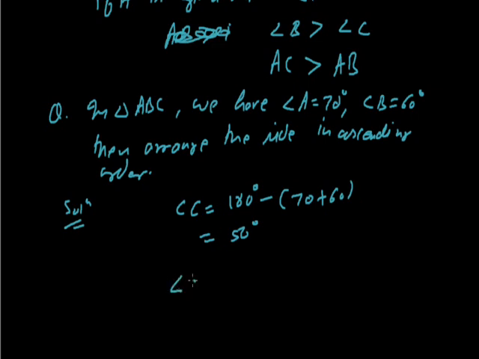Angle C is smaller than angle B, and angle B is smaller than angle A. So the side opposite to angle C, the smallest angle, is the smallest, that is AB. The side opposite to angle B is AC, and the side opposite to angle A is BC. So this is the ascending order of the sides.